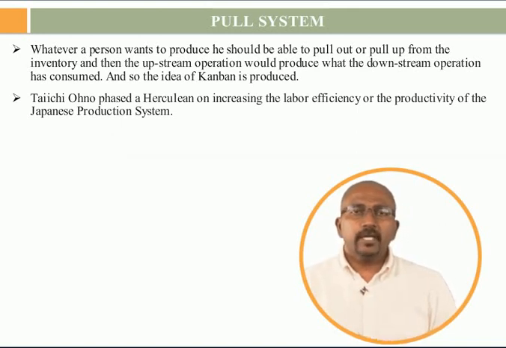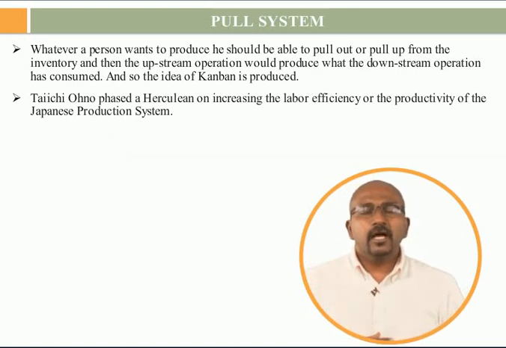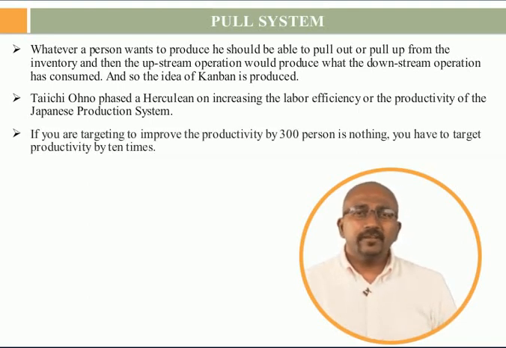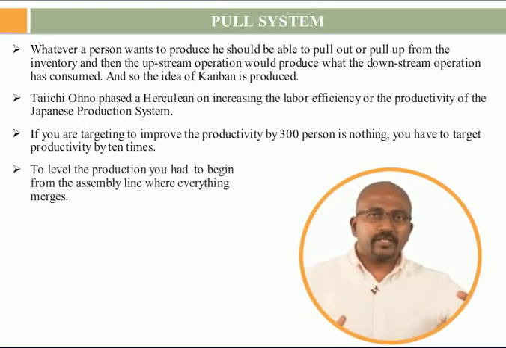So he says, if I am able to distribute the load evenly, I can do 3 times the work with the current manpower. And this was one of his learning, that if we are targeting to improve productivity by 300% is nothing. You have to target to improve the productivity 10 times. And to do that, that means to level the production.